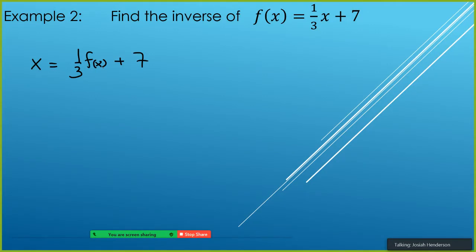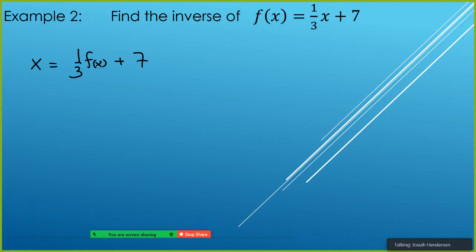Does anyone see it? Yes, 1/3 is being multiplied to f of x. I don't know how to say it. No, you're doing good. That was perfect, Savannah. Thank you, Savannah. Yeah, 1/3 is being multiplied. Since you're with me, what's being added to it?